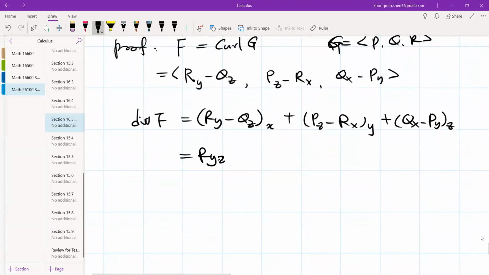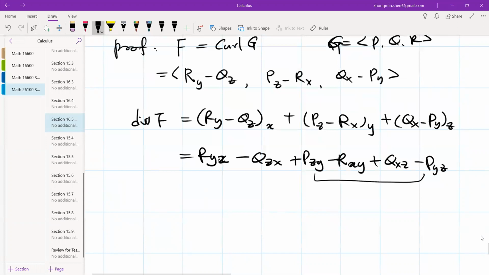The mixed partials P_YZ cancel out, and this also cancels out. Those two cancel out. Therefore it's going to be 0. Great. That means if the vector field is the curl of another vector field, then the divergence must be 0.